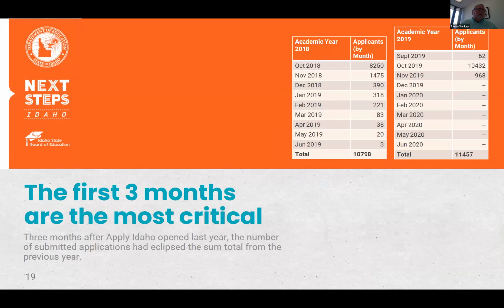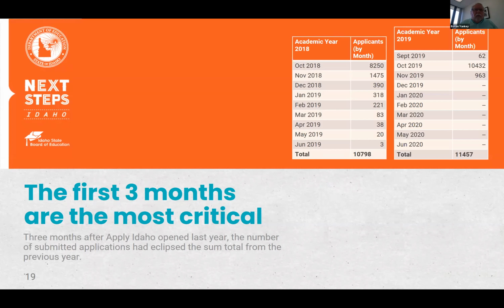This shows you that the first 3 months are pretty critical for students to begin to think about how they can make selections on what their plans for after high school are and how to apply for college. Remember, students can go back onto Apply Idaho and add additional schools as they think about that.